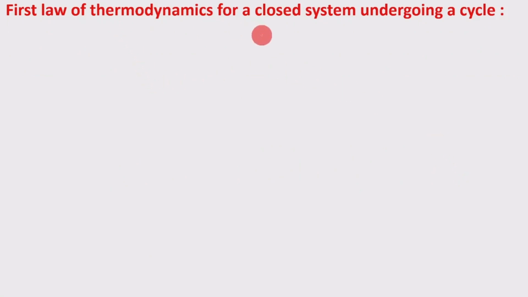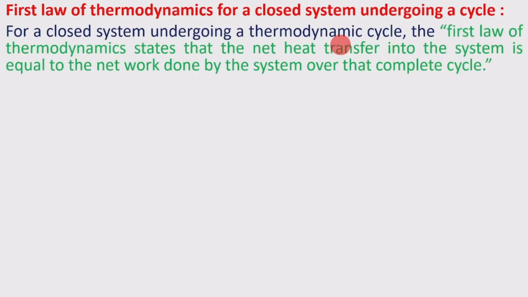First law of thermodynamics for a closed system undergoing a cycle, that is a cyclic process. For a closed system undergoing a thermodynamic cycle, the first law of thermodynamics states that the net heat transfer into the system is equal to the net work done by the system over the complete cycle.